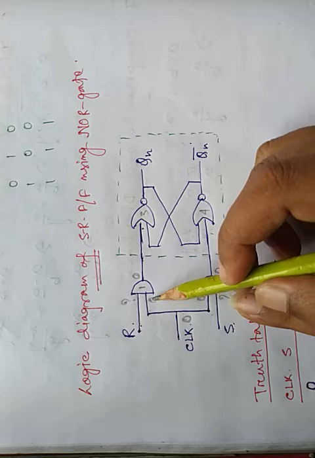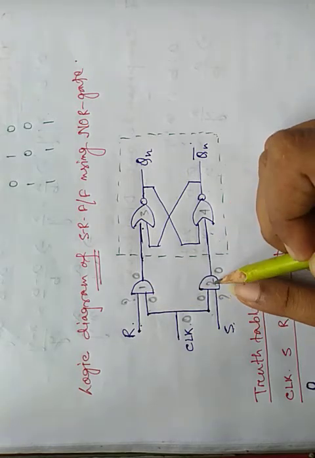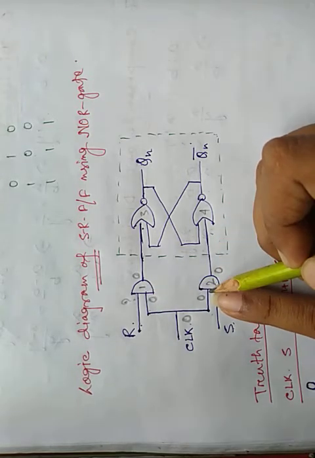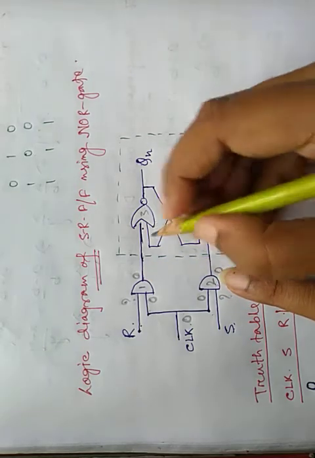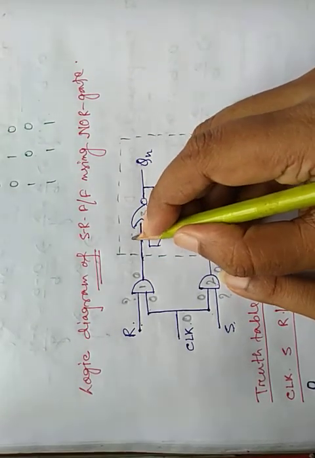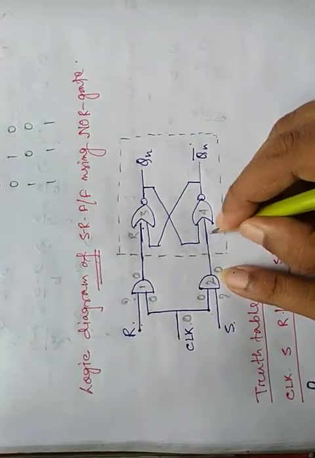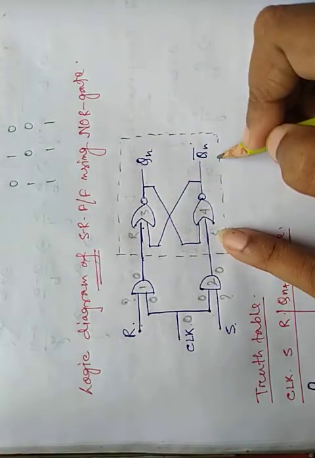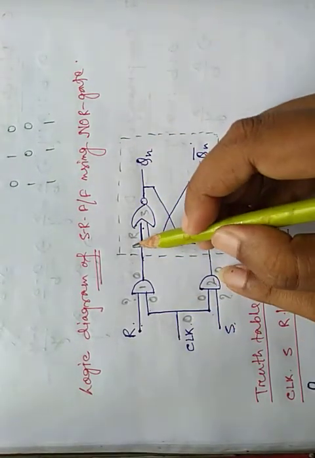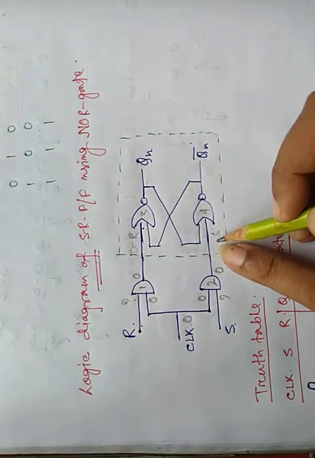Because in an AND gate, if one of the input signals is 0, output is 0. These 0s feed as input of the SR latch, so R equals 0 and S equals 0.